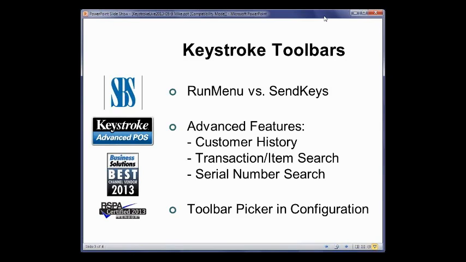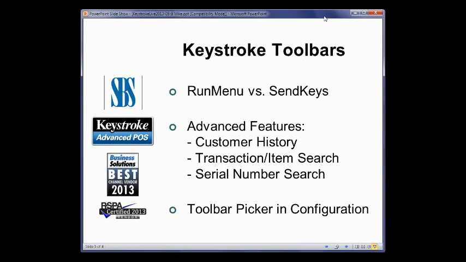I'm going to also go through some of the advanced POS features with the advanced toolbars. Some of these features can be done in the regular Keystroke POS, but most of them are advanced-only features where we can do things like a customer history, very easily click on one button and see a whole list of the invoices for a certain customer. We can do a transaction or item search, same kind of idea.